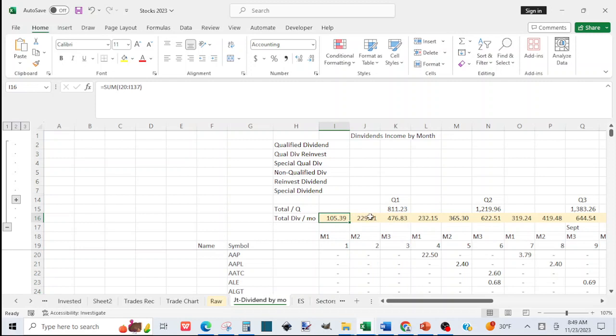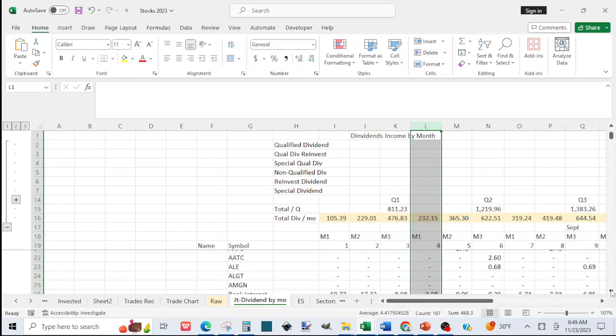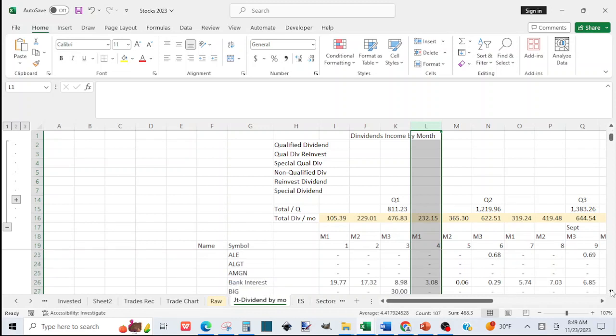You can look at the months of a quarter and see the month you have the least amount of income and see, okay, what are the companies that are paying me during that quarter, and then check them to see if you still like how their chart looks, and if you do, check to see if they're on their low side or on their high side, like the 52 weeks low and the 52 weeks high.